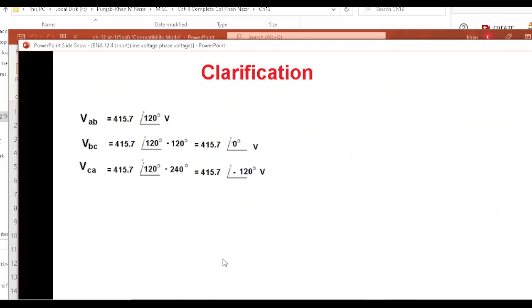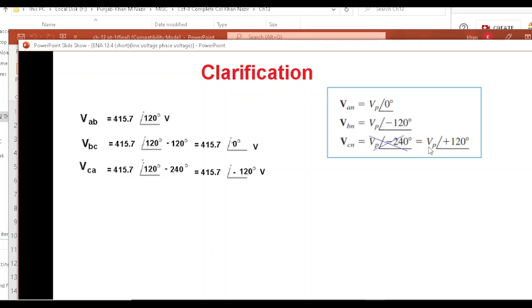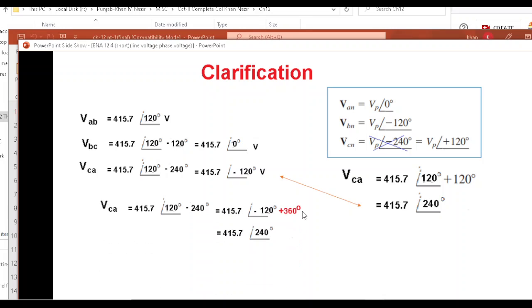Now, question. We went to VCA by subtracting 240. Can we get the same answer by adding 120? Let's see. If we add 120 to the reference voltage, we get plus 240. Now plus 240 is not the same as minus 120, so they are apparently not the same, but actually they are. The easiest way is to add 360 to minus 120, and you get 240. So they are the same.